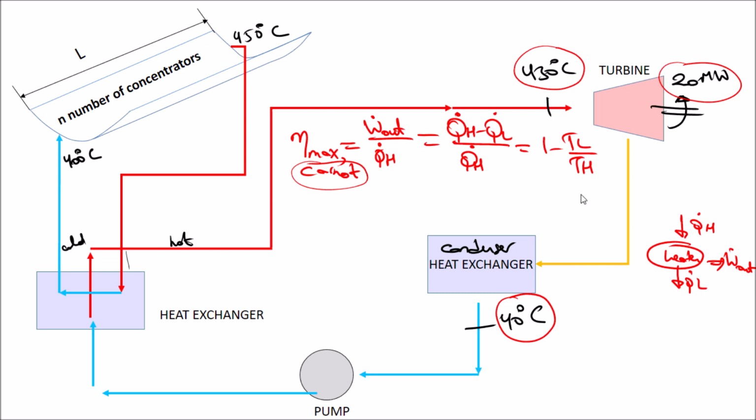I know TL, the lowest temperature here, it is 40 degrees Celsius. I know TH, the highest temperature, it is 430 degrees Celsius. From this temperature difference, I can find the efficiency. But these temperatures should be in Kelvin, because when you divide temperatures, they should be in Kelvin. Let's find it.